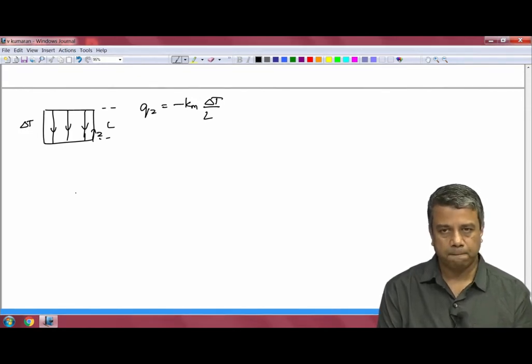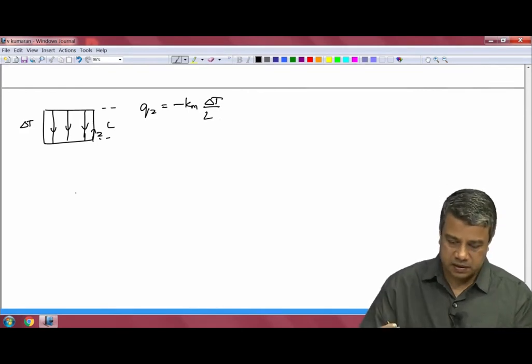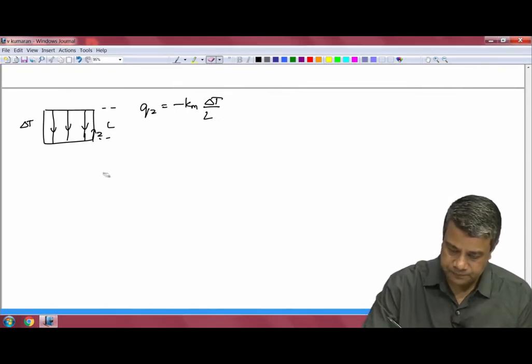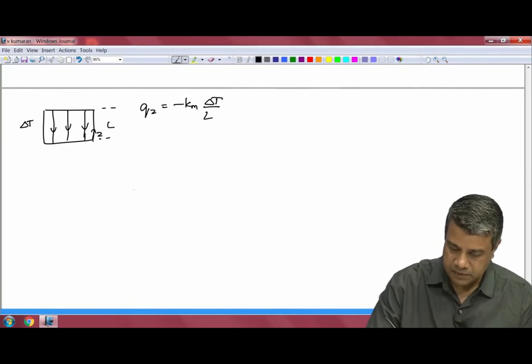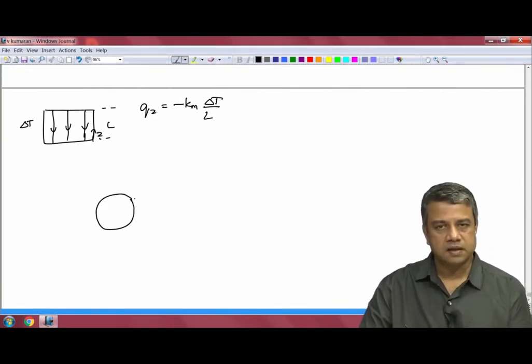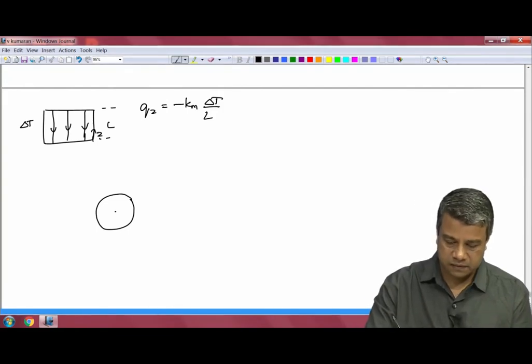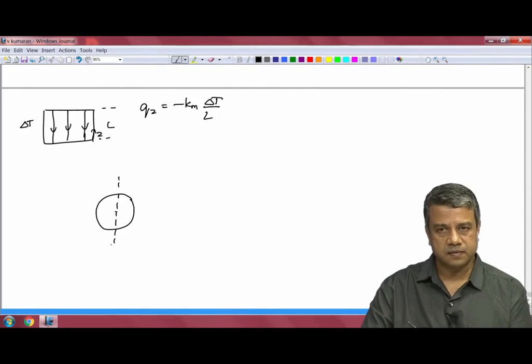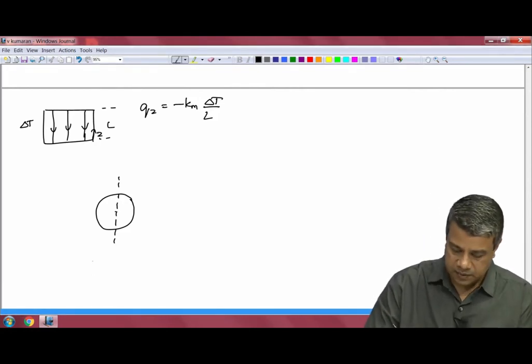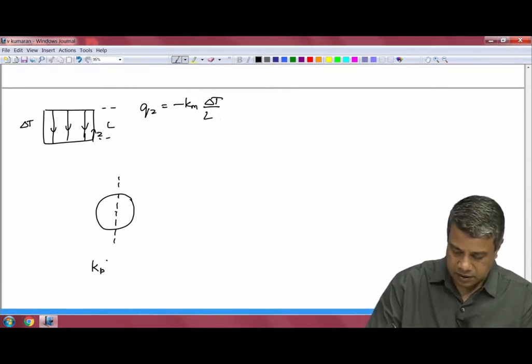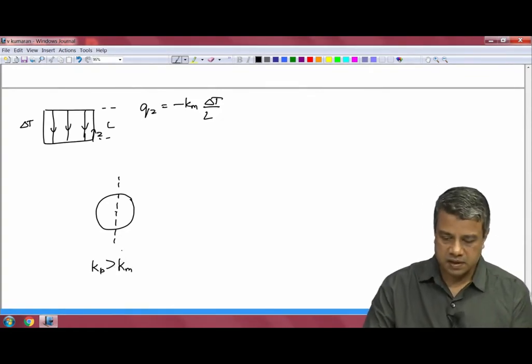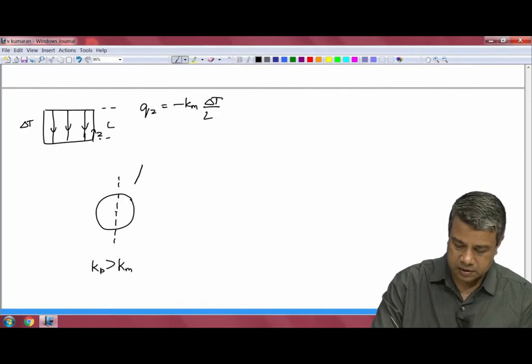Now, what happens if you have a particle in this matrix? If you have a spherical particle in this matrix, this particle is going to distort the flux lines that are going vertically in the absence of particles. If the particle conductivity were greater than the matrix conductivity, the flux lines would preferentially go through the particles.